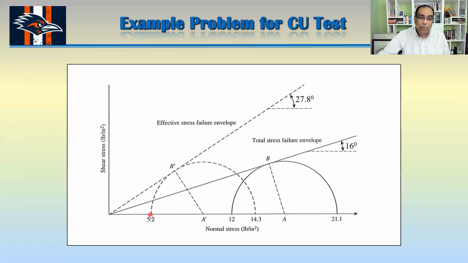That's basically your sigma prime 3, and you get this dotted Mohr circle for the effective stress case. Then you draw that line here, and you can find this angle here. Okay.